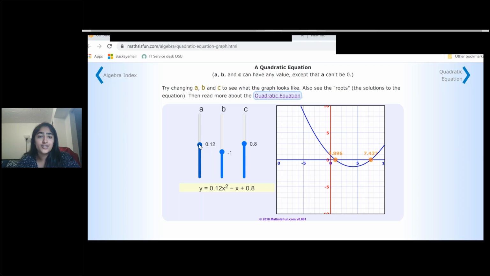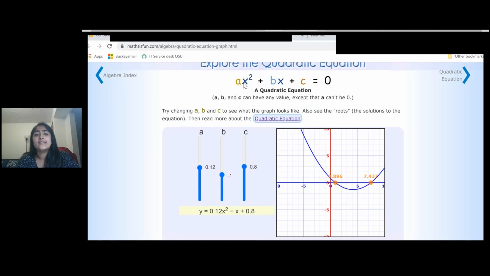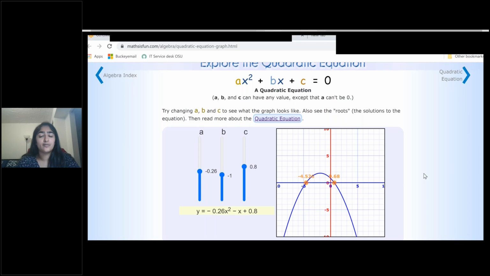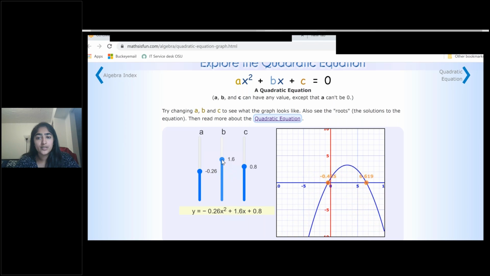But say if we were to change it to a negative value for a, so a is the coefficient in front of x squared, it basically turns the parabola downward. So it's now a downward opening parabola. And if you change things around, you can shift where the vertex is.